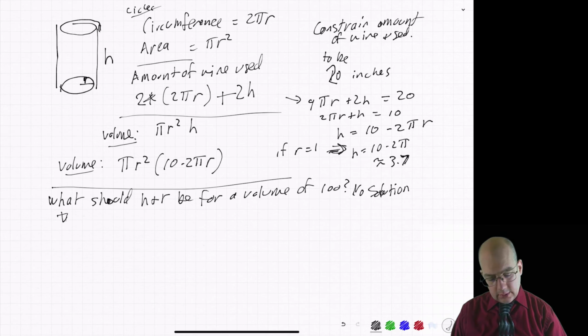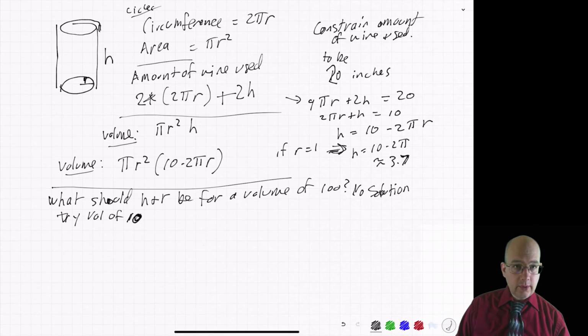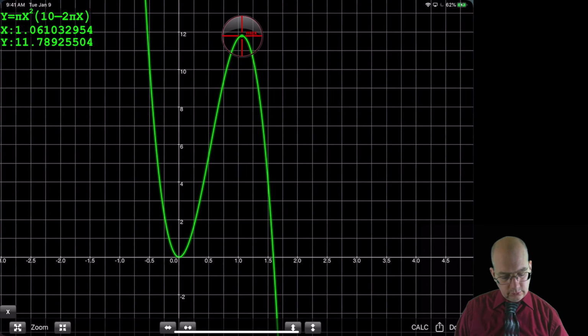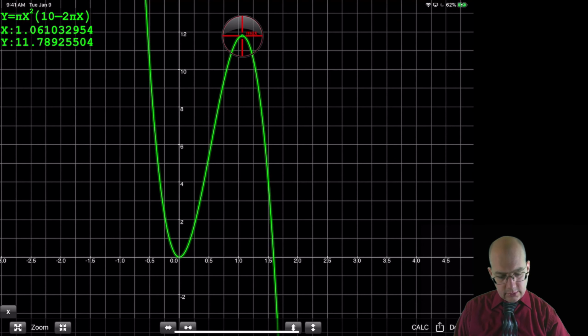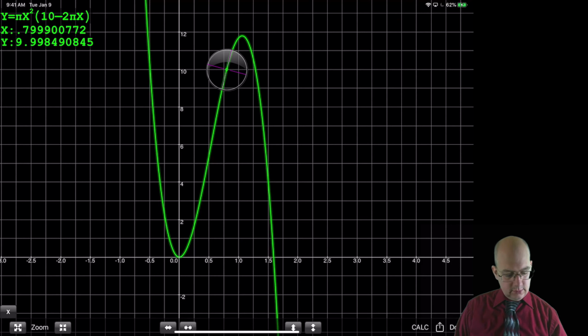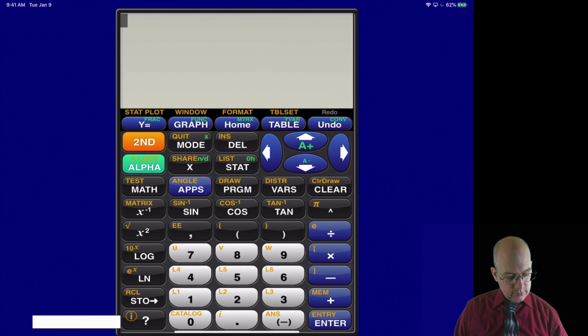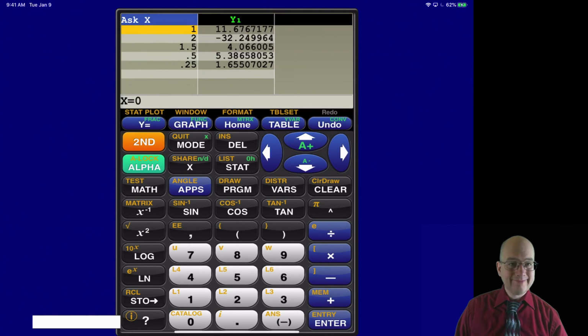So let's try volume of 100, sorry, volume of 10. Okay, so obviously with this little interface, I can just drag that point and it should be about 0.8. Okay, let's look at the table. So, yeah, one was almost the maximum.